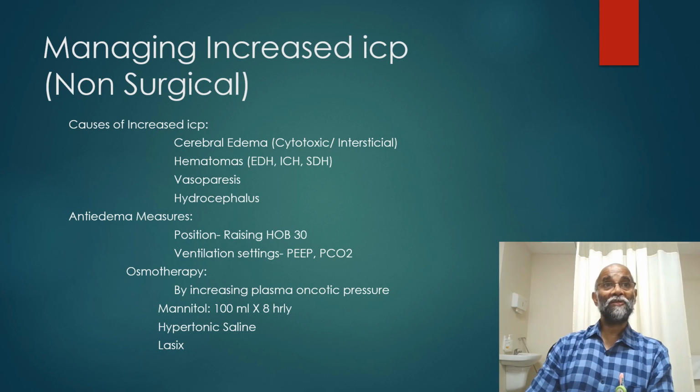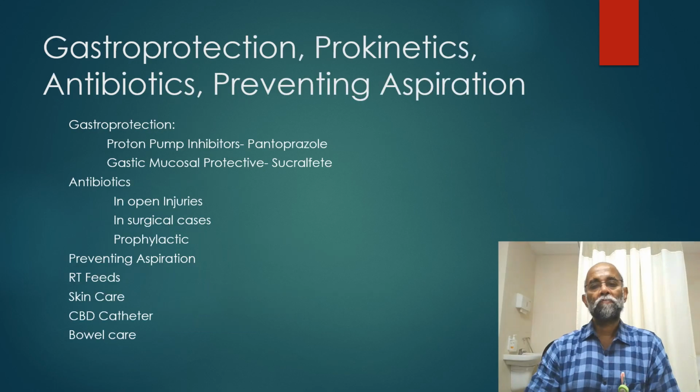Given as boluses, it can work like mannitol by decreasing intracranial pressure. Lasix or furosemide works by increasing the fluid excretion, thereby increasing osmotic pressure of the remaining circulating blood.